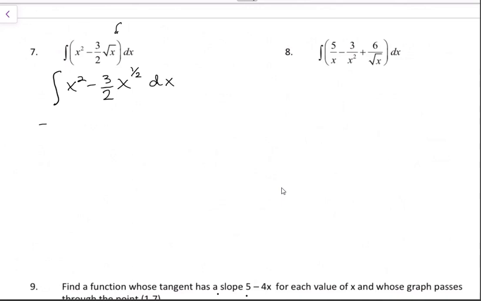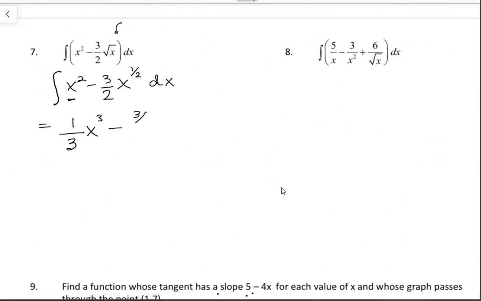So if I do that, now I'm just going to work through the power rule for both of these. So for the first term here, coefficient is 1, exponent plus 1 is 3. Now the next one's a fraction, so it's going to be ugly at first, but we can fix it. My coefficient right now is 3/2. So remember, we do coefficient over exponent plus 1.